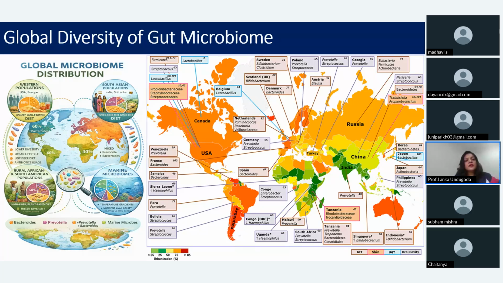Why do food habits matter? You can see in this first picture. Every time you have more and more protein and fat based food items, it enhances the Bacteroides diversity.